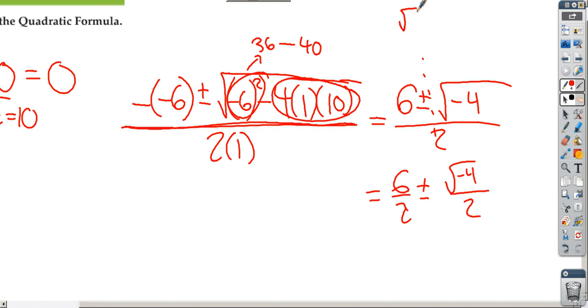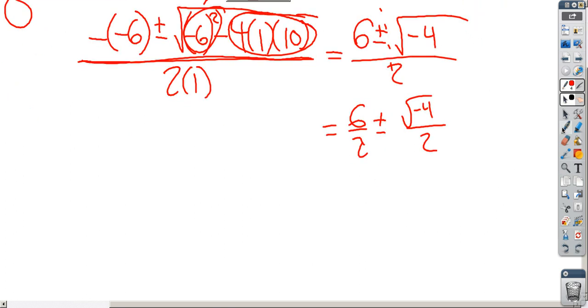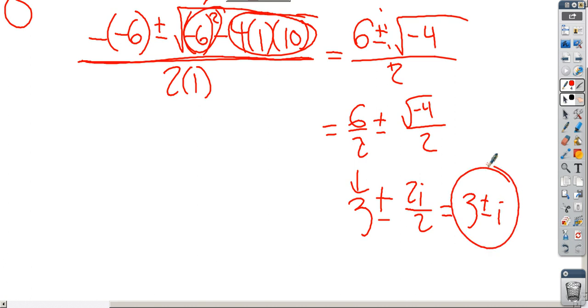What's the square root of negative 4? Well, you could simplify that to be square root 4 times square root negative 1. The square root of 4 is 2, and the square root of negative 1 is i. So that's the same thing as 2i. So 6 over 2 is 3 plus or minus 2i over 2. And 2i over 2 is just i. So there is our final answer.